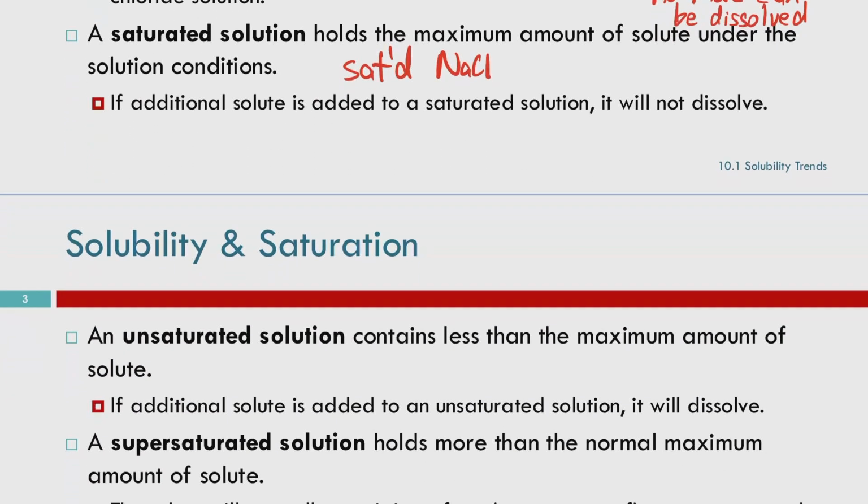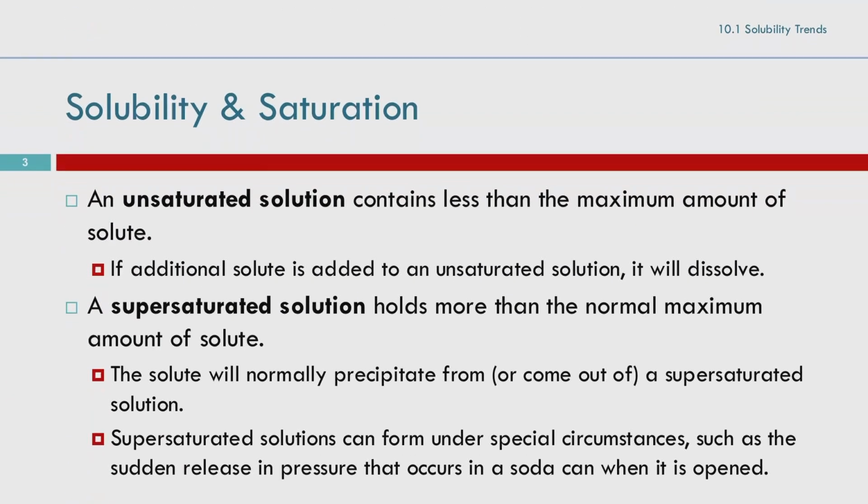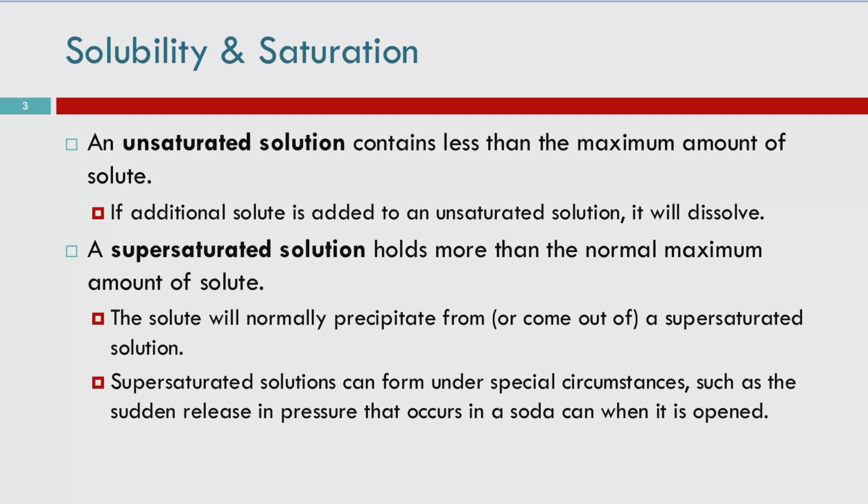On the other hand, an unsaturated solution just doesn't have that maximum amount. There's still room to dissolve. So we've just got less than that maximum amount. We can also have, on the other side, a supersaturated solution.